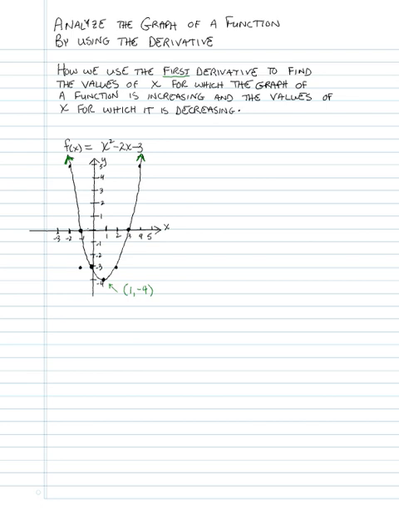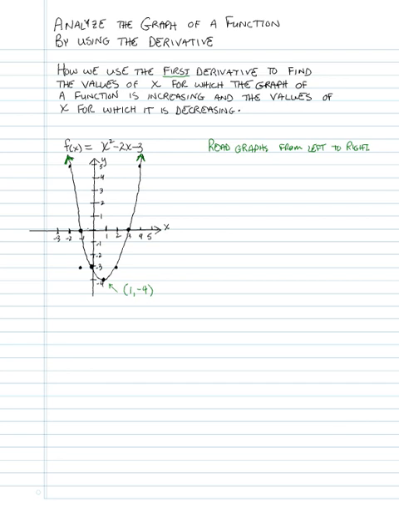But when we want to know whether we're increasing or decreasing, we don't look at the direction of the arrow on the graph. We read graphs. This is important. We read graphs from left to right.